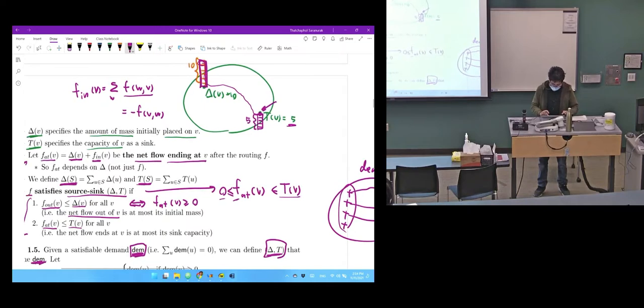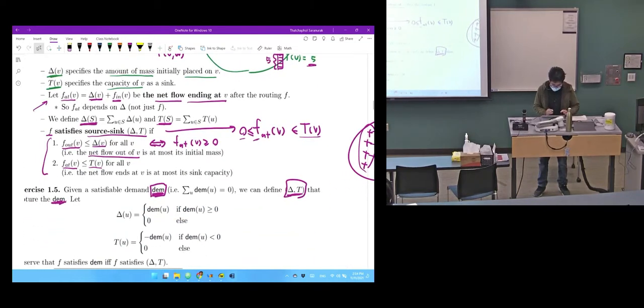So you just define the source function to equal the demand whenever it is positive, and otherwise it's just zero. And the sink, you define it whenever the demand is negative to be the negative of that.